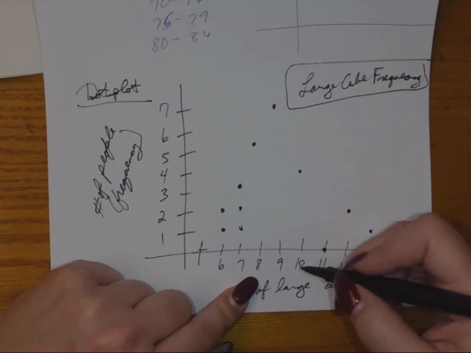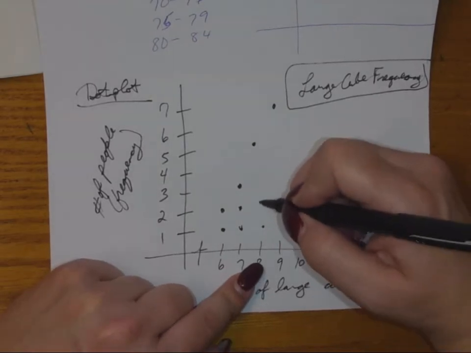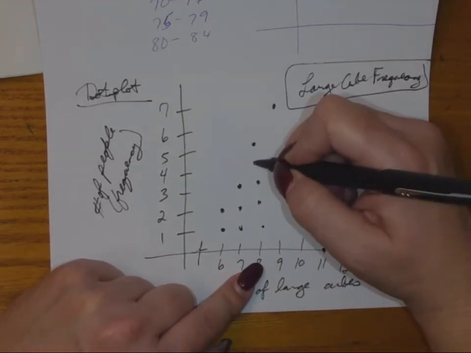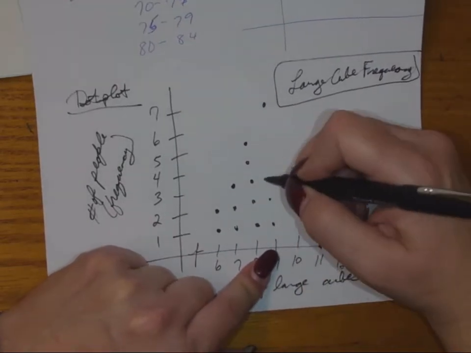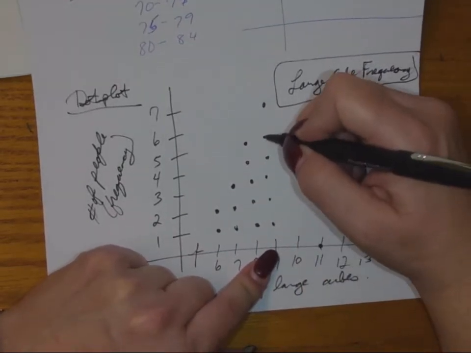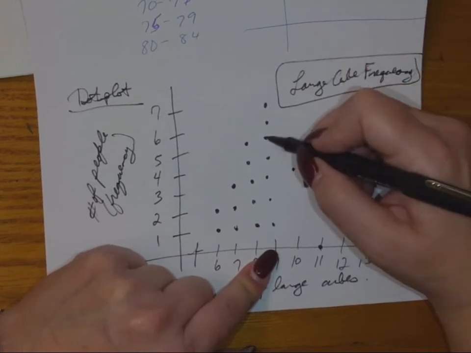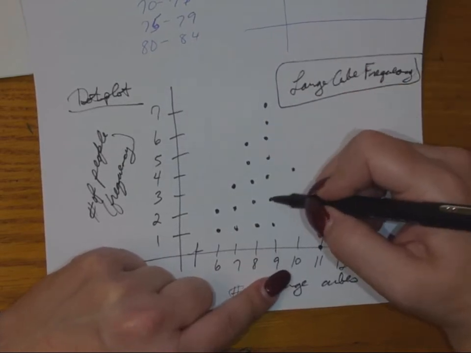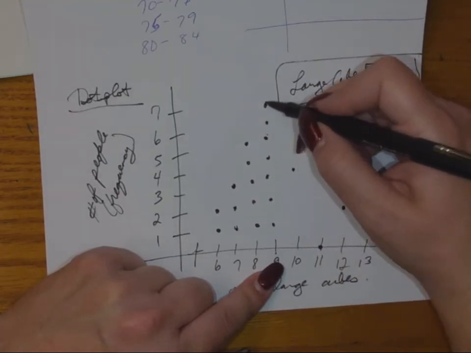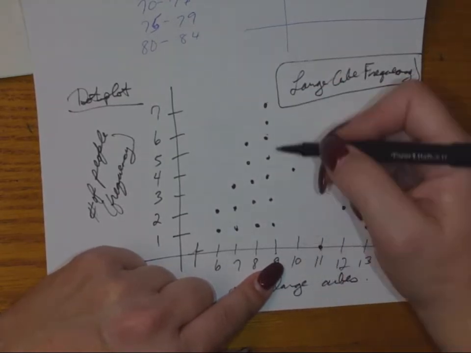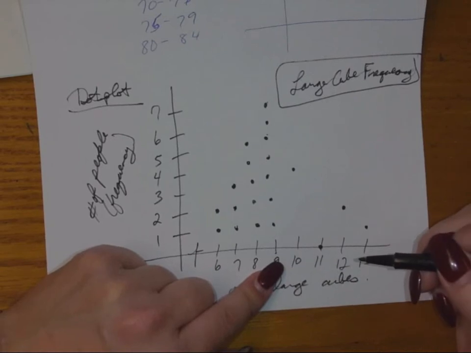Okay, but I can't just do what I did on the line plot. Instead, I need to fill in a data point for every person. So whenever I look at 9 had 7 people, I should have 1, 2, 3, 4, 5, 6, 7 dots on that particular line, so to speak.